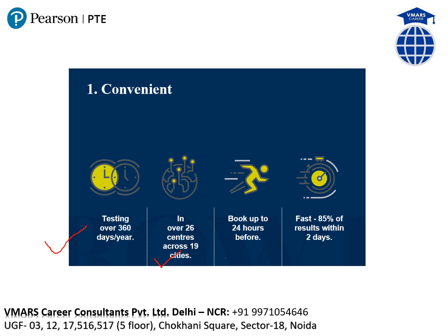It can be booked up to 24 hours in advance and it is quite fast. 85% of results come within 2 days. Although you are told from PTE that you will get the result in 5 business days, it's not just 5. I have many students who have got the result in just 2 days.